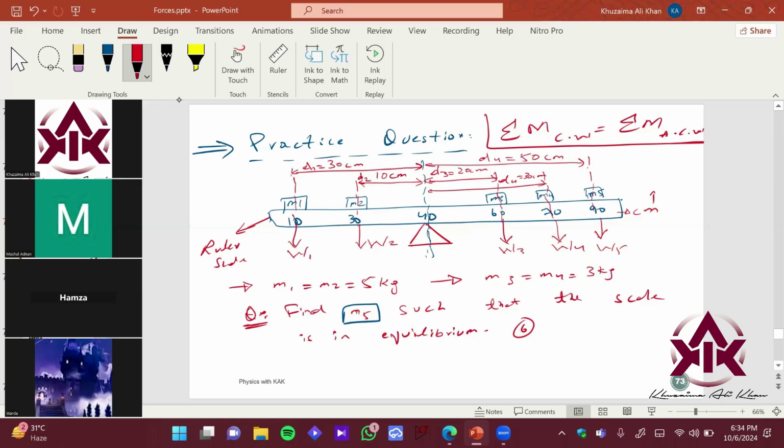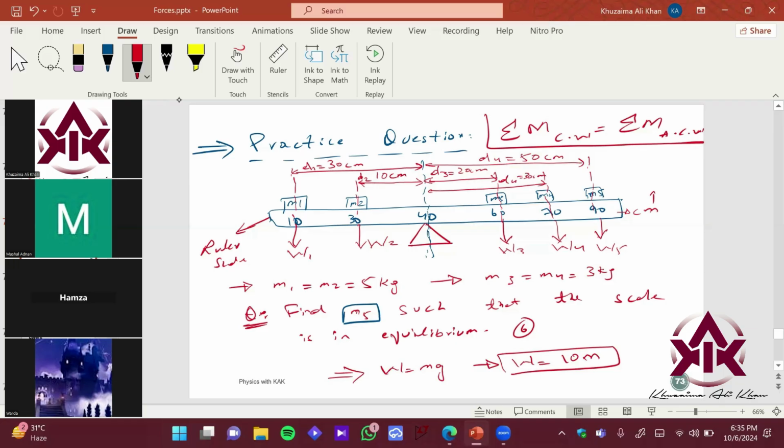You know the formula of weight: the weight is mg, and you can take g as 10, or 9.8 depending upon your requirements. So your weight is just 10m, multiplying the value of gravity with the mass.